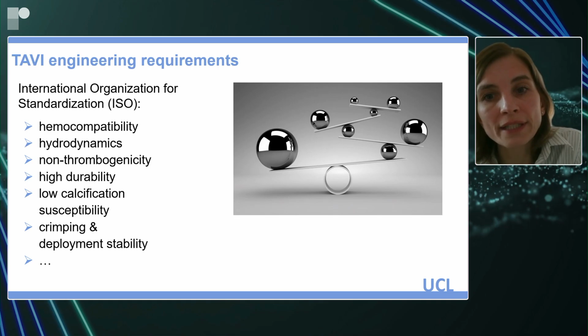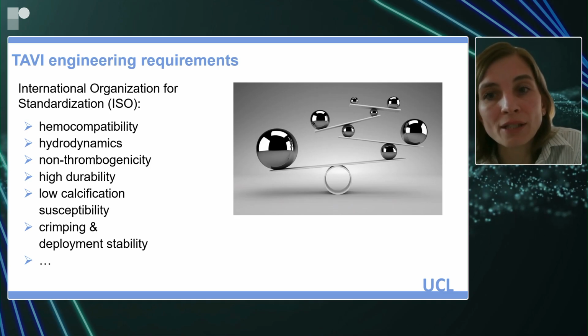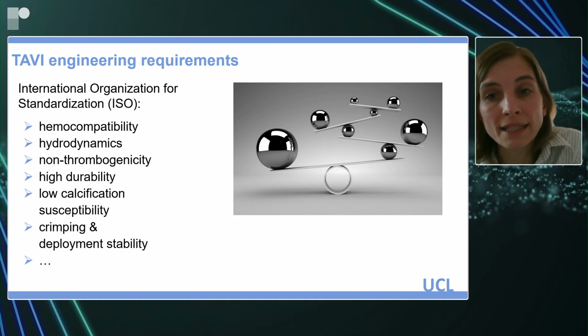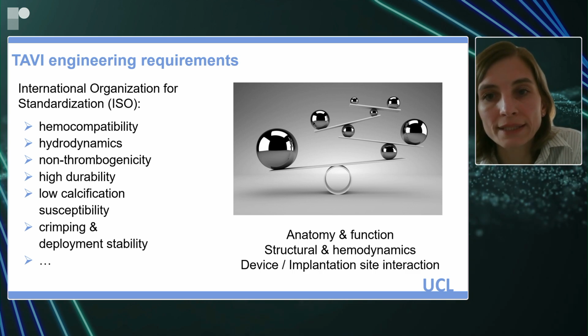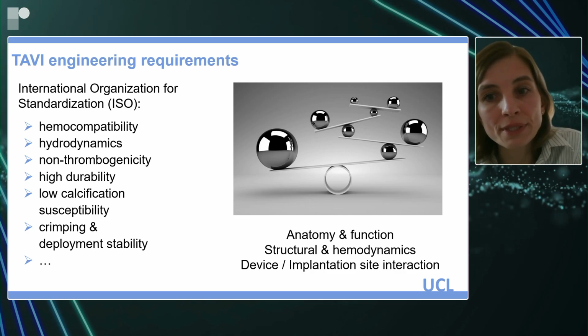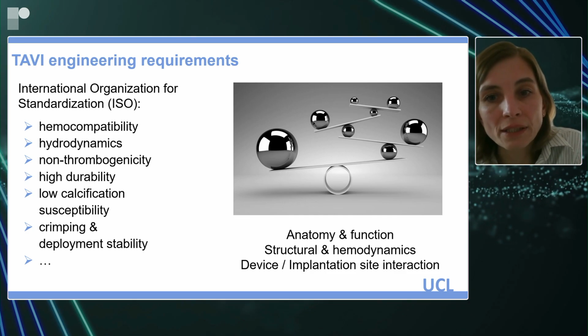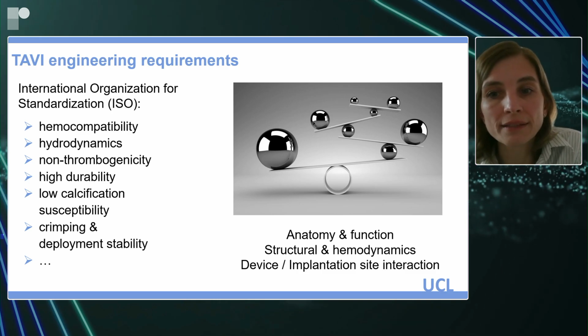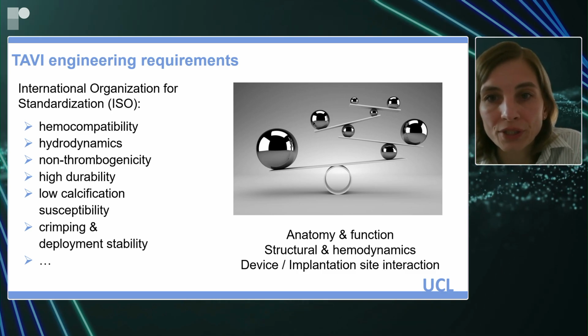And unfortunately, in terms of TAVI, the balance really looks more like this, because it's an incredibly complex problem with a complex system where we have a high correlation between the anatomy and the function. There are both structural problems and hemodynamics problems. And what we really want to achieve is the optimal device implantation site interaction for each individual patient.